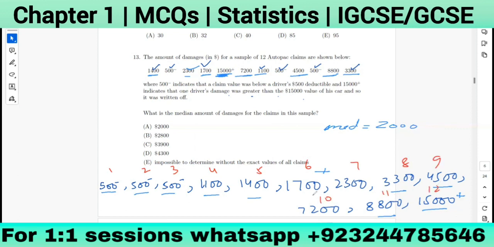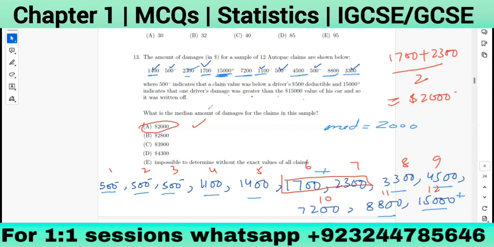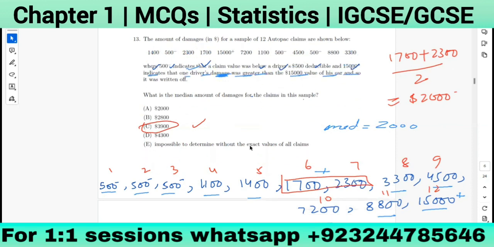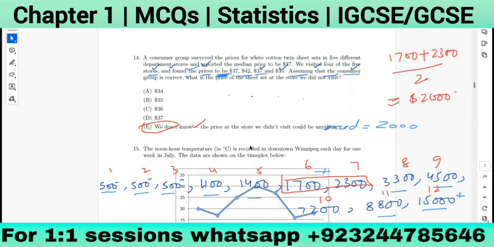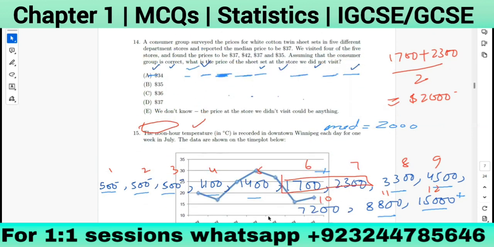So the middle values would be 1700 and 2300. So what we're going to do, 1700 plus 2300 divided by 2, and it will give you $2,000. Good. So option A is the correct answer. They're saying too many things, but it just means to find the simple median. And you should know that negative numbers come first, positive numbers come after that. This is the only trick in this question.